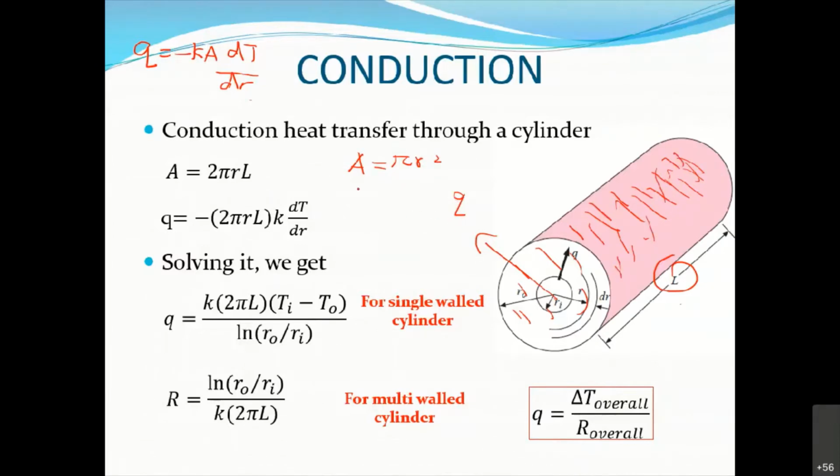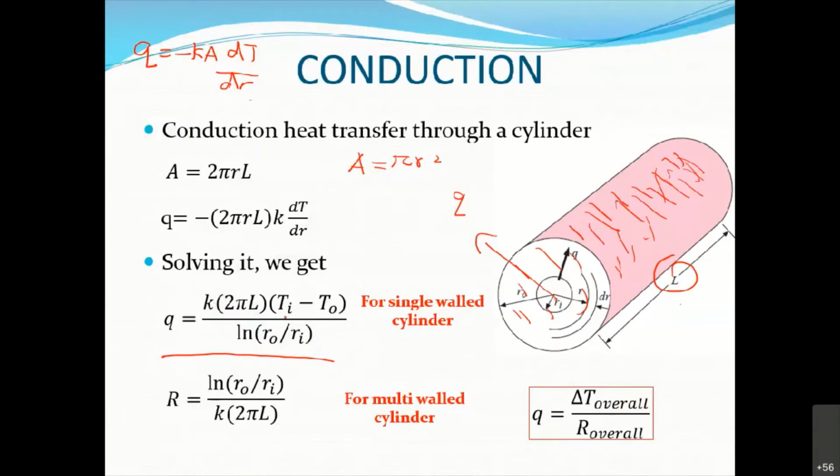We are trying to see this area because it is the area perpendicular to the direction of heat transfer. If you substitute 2 pi rL for A here, you'll get an equation like this. Then we want to remove the dT over dr, so we do integration. After integration, this is the equation we will use for a cylinder: Q is equal to k 2 pi L (Ti minus To) over ln(Ro over Ri).